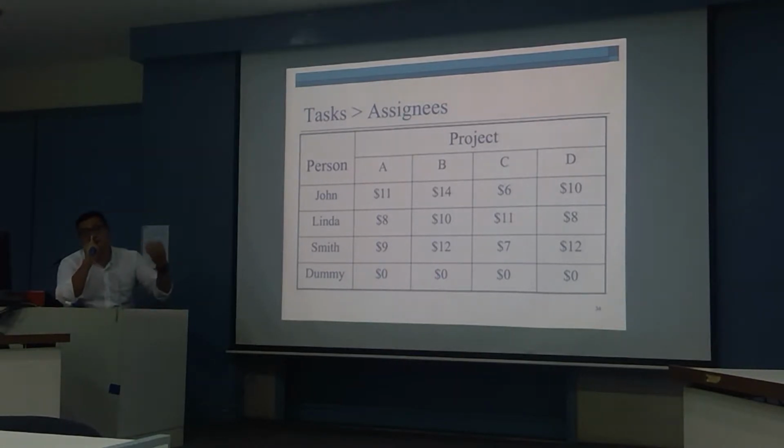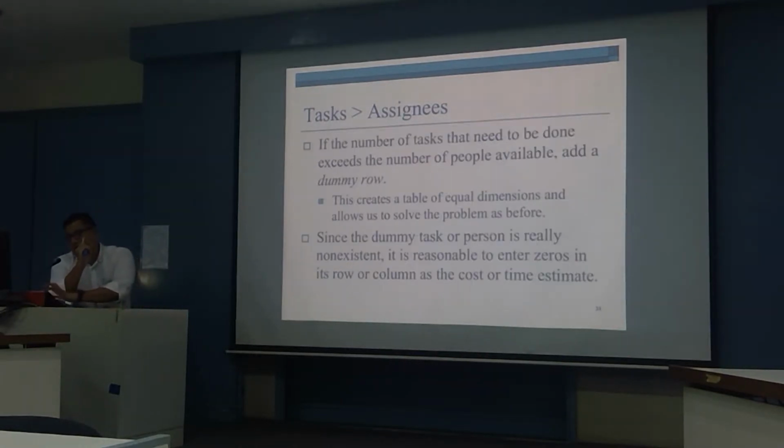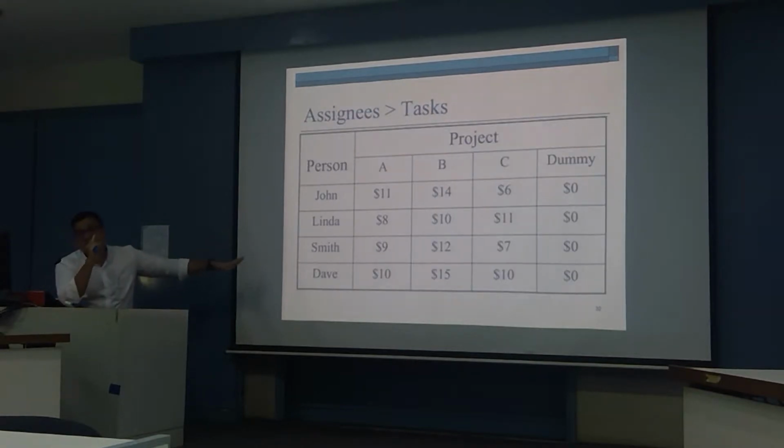If unequal, you just develop the dummy. One thing that is different from the transportation problem: there, you develop just one dummy row or column, but you change the capacity or the demand. But in this case, let's say you have 5 persons, John, Linda, Smith, Dave, and Joe, but you have just 3 projects, you need to have 2 dummy columns, dummy 1 and dummy 2, both with 0.